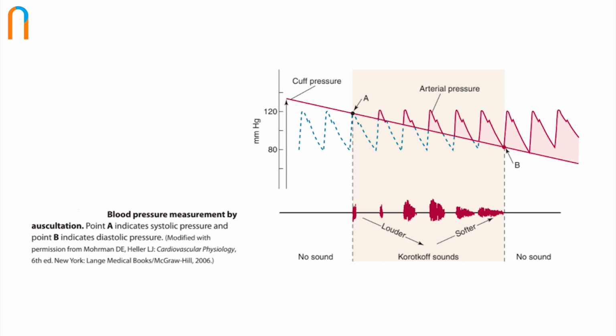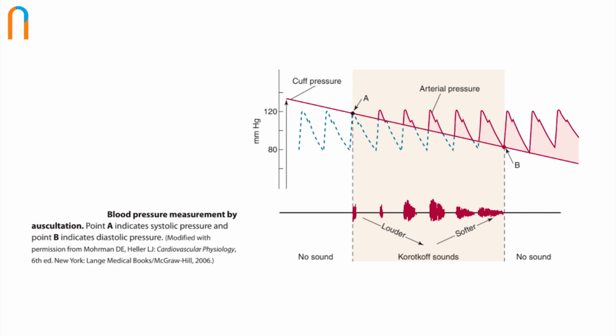The basic principles of the auscultation technique used to measure blood pressure are described as follows with the aid of the figure. First, an inflatable cuff is wrapped around the upper arm with a recording device attached to monitor the pressure within the cuff.